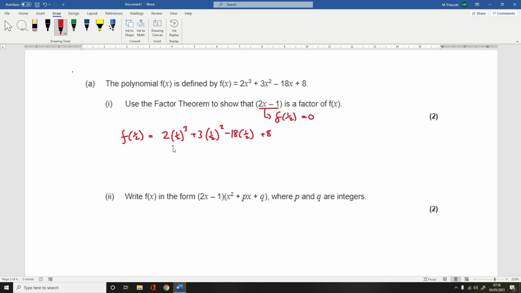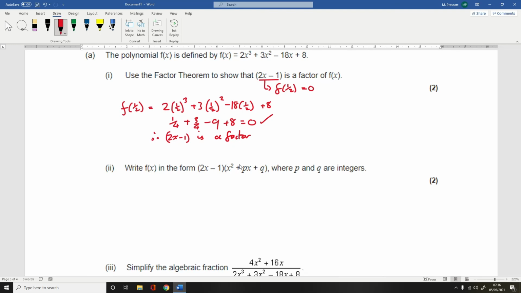This will give us a quarter plus 3/4 minus 9 plus 8. So that's 1 minus 9 plus 8. That equals 0. Tick. Done. Therefore, 2x minus 1 is a factor. So is x minus a half, I guess, but we could just scale it up.